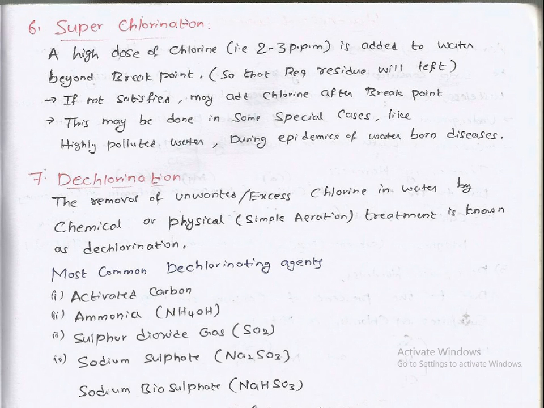Most commonly used dechlorinating agents: activated carbon, ammonia NH4OH, sulfur dioxide gas SO2, sodium sulfite Na2SO3, sodium bisulfite NaHSO3, sodium metabisulfite Na2S2O5, and sodium thiosulfate Na2S2O3, the cheapest agent.